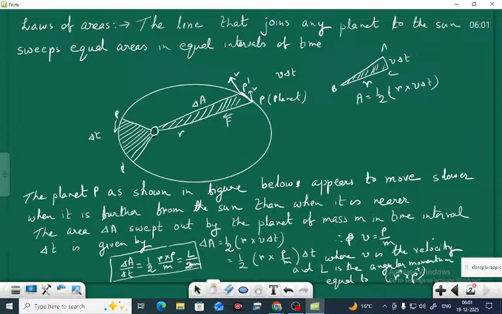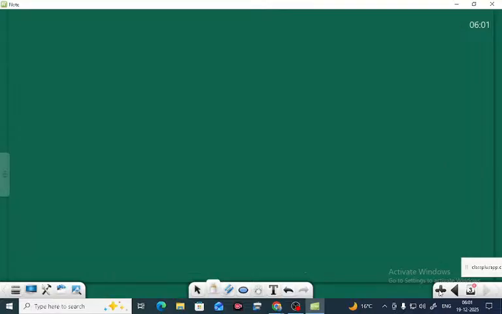Now we learned that for a central force, and gravitational force is a central force, we have already discussed it.